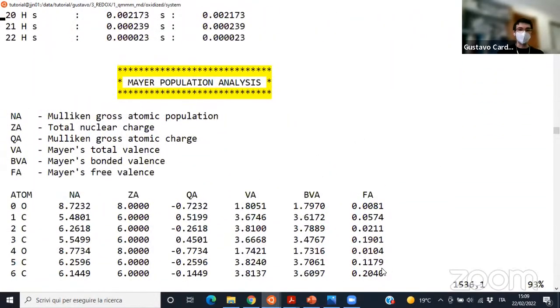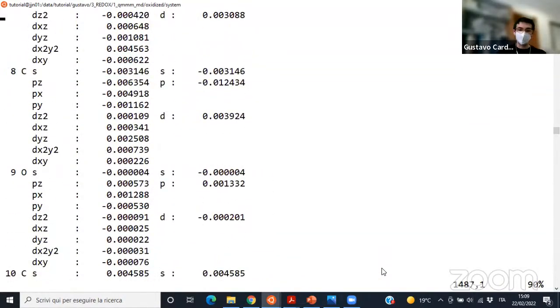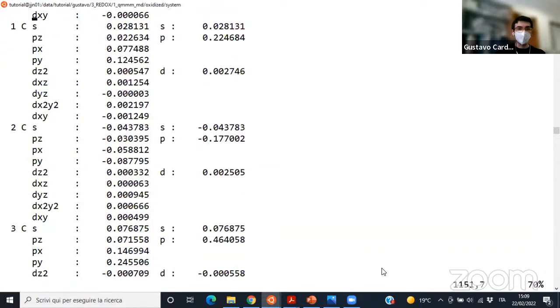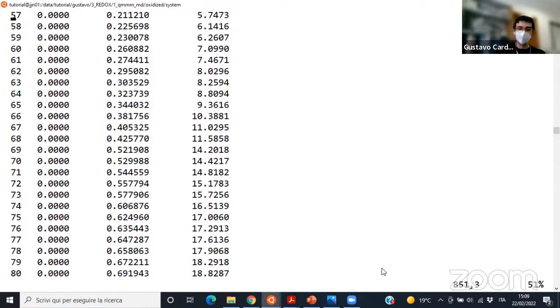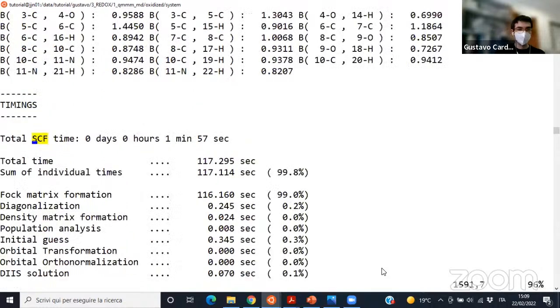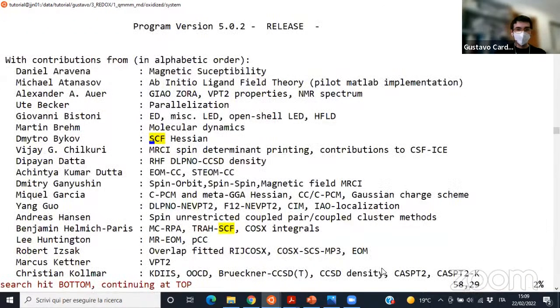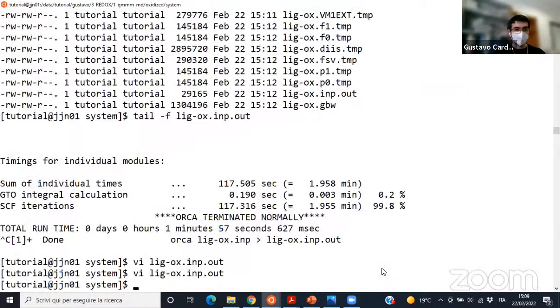You don't need to do this in your own files. Let me go further upwards. I think it should be SCF, total SCF time. Well, it doesn't matter. I'll just resubmit it again and then show it to you.